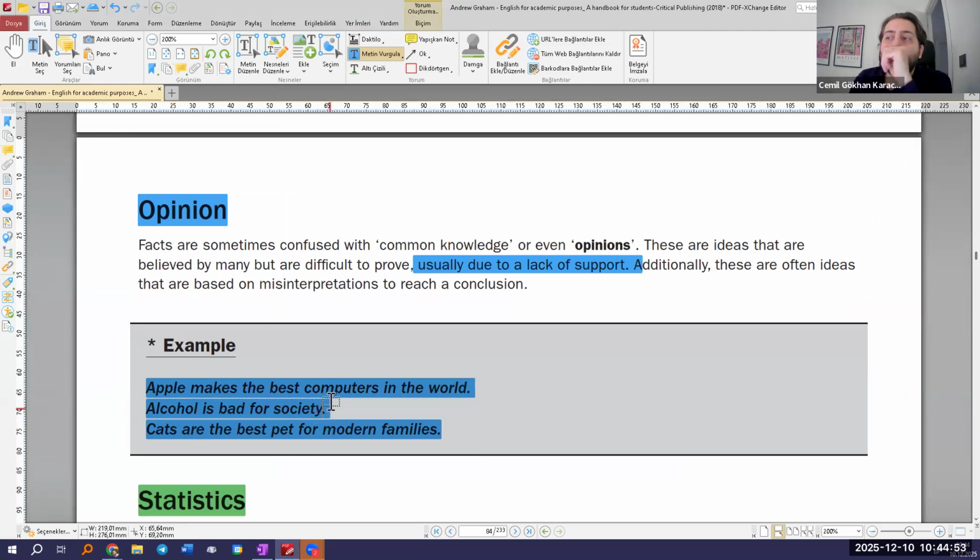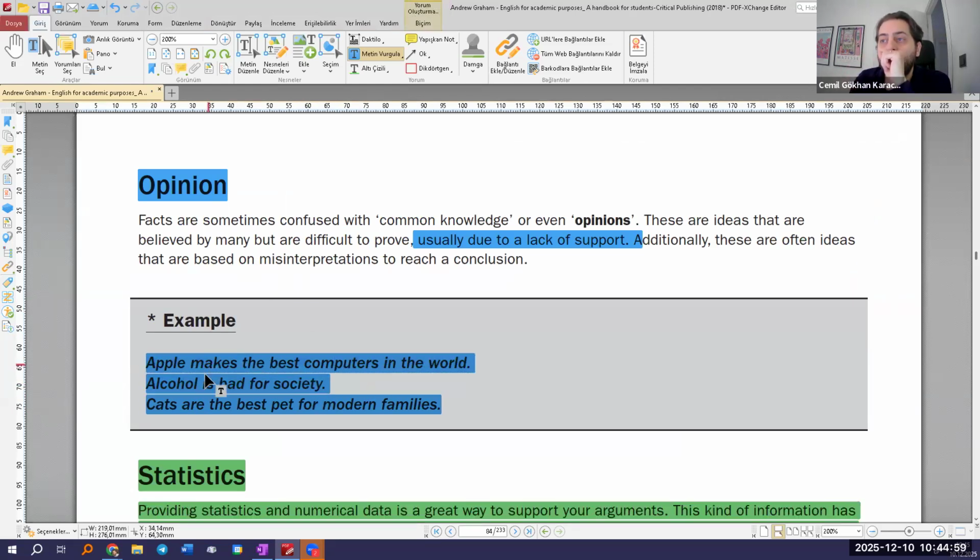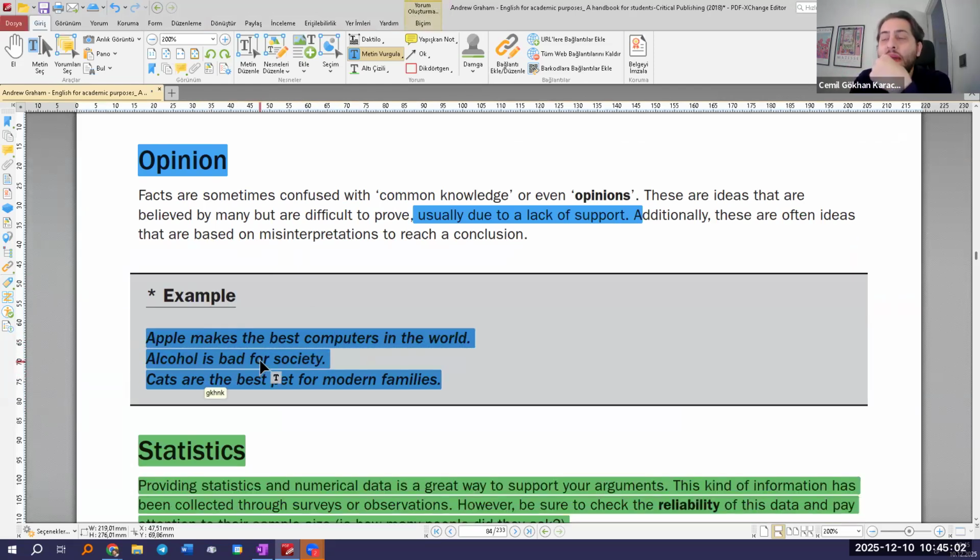Alcohol is bad for society. How would you justify that statement? Let's imagine that you want to write this in your article or tell this in your presentation, but you need some evidence. You could rephrase it first.